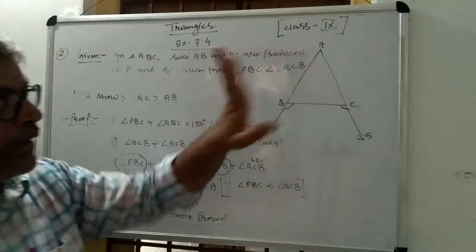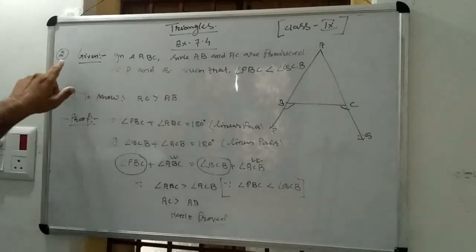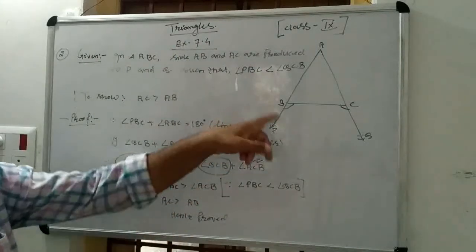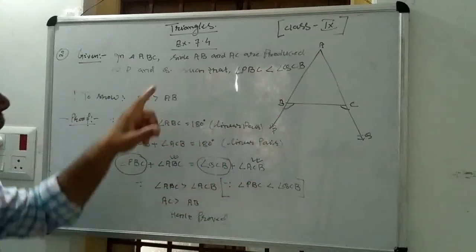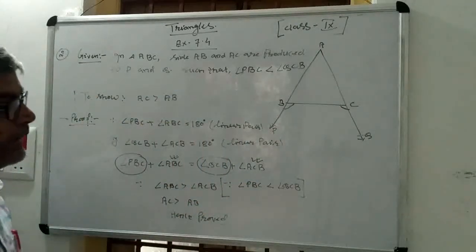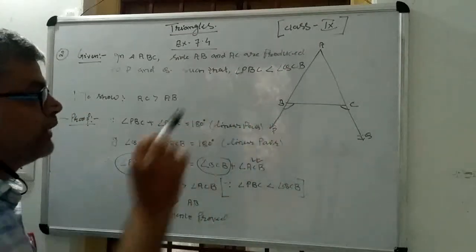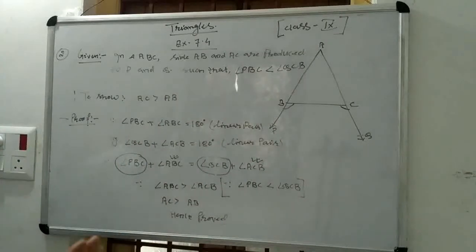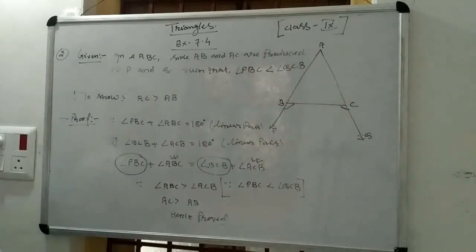Children, this figure was given and the question was that in triangle ABC, sides AB and AC are produced to P and Q, such that angle PBC is less than angle QCB. It is given that it is smaller. So you need to show that side AC is greater than side AB.